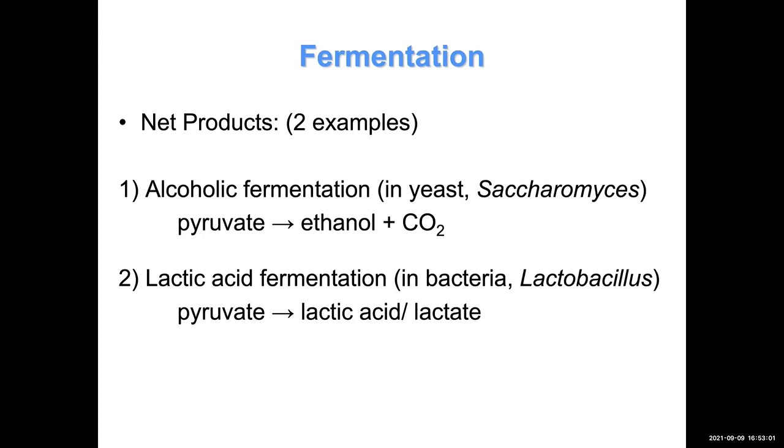Glycolysis. Glycolysis. And the pyruvate is going to enter the fermentation phase to generate ethanol and carbon dioxide. Or lactic acid fermentation, where we start with our two molecules of pyruvate and our end product will be lactic acid. Lactobacillus is good in yogurt. It's good for good gut health.